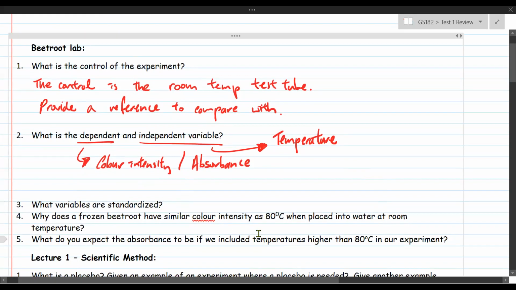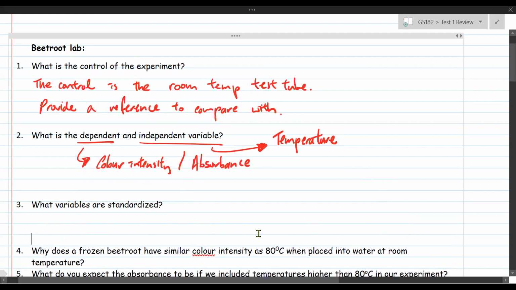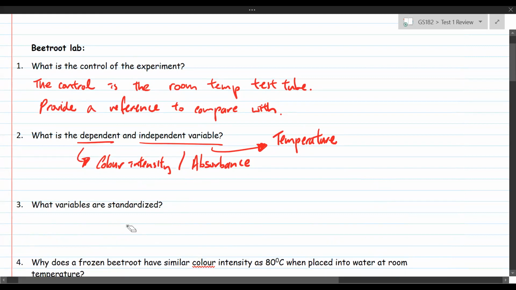What variables are standardized? These are things that are kept constant. For example, the size of the beetroot discs. When she cuts it up into little pieces, you want to make sure they're the same size, otherwise bigger ones are going to give off more color.